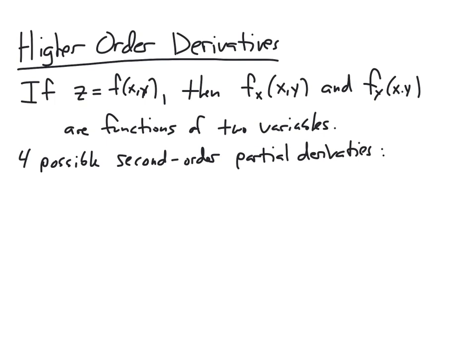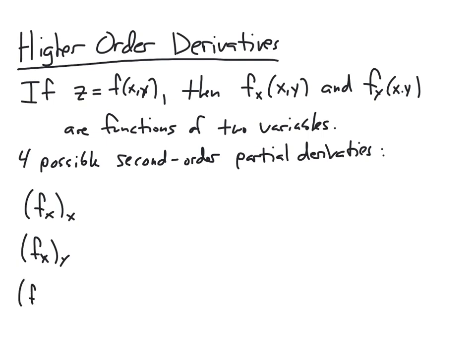Right, so in this case, what we could do if we took function f, if we took the partial with respect to x, f sub x, and we differentiated that with respect to x, right? We could do that. We could also take f sub x and differentiate it with respect to y. And then we could do the same thing for f sub y.